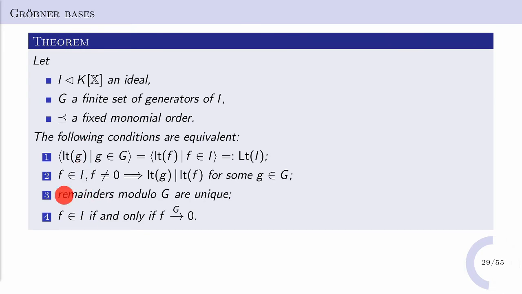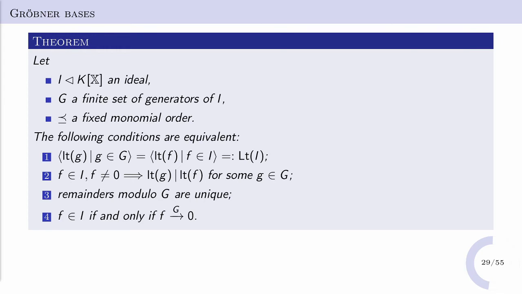One of these conditions, condition number 3, is the one which we started from. The remainders modulo G are unique. In general, we saw that remainders modulo a set do not have to be unique. If the remainders modulo a given set are unique, such a set will be called a Grobner basis.